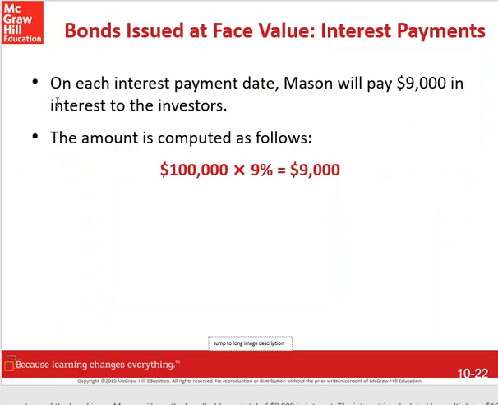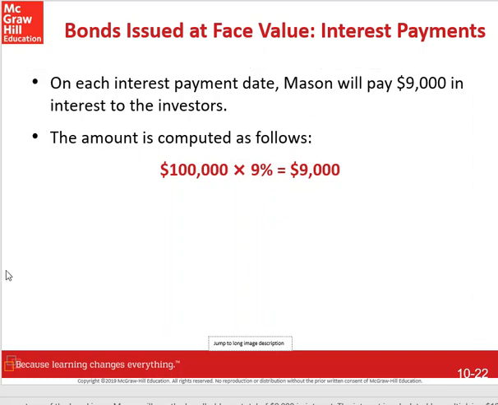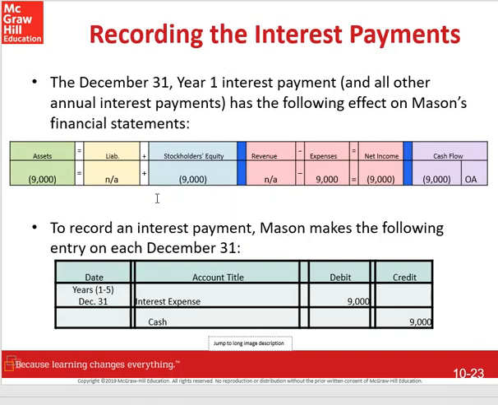Then as time goes by, we have to pay interest. So at each interest payment date, Mason has to pay $9,000 to the bondholders. So we take principal of $100,000 times 9% times time outstanding, which they didn't even bother to show because it's a full year, 12/12, the whole thing. So we're going to pay out $9,000 to our bondholders. So that looks like this.